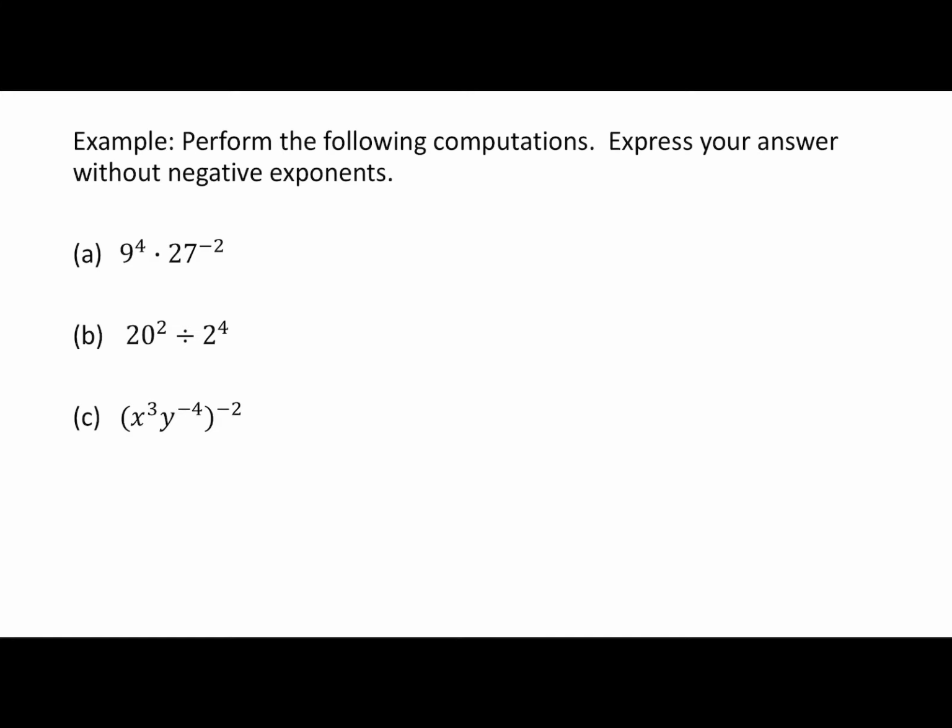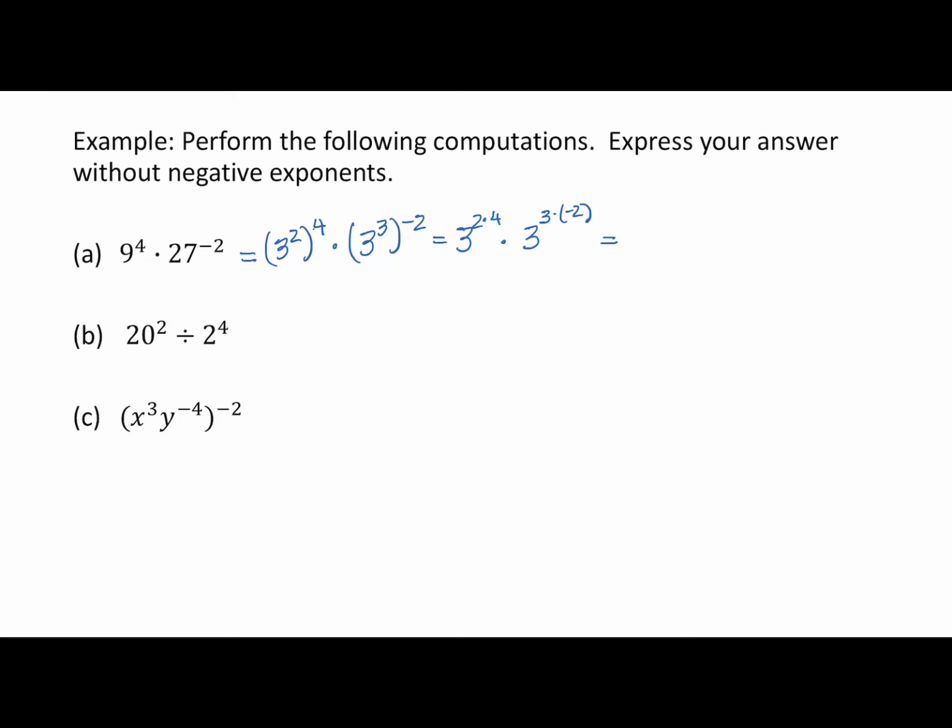Okay, so I want to start with 9 to the 4th times 27 to the negative 2nd. I'm going to write 9 and 27 with their prime factorization. So 9 is 3 squared, so I have (3 squared) to the 4th times 27 is 3 cubed, to the negative 2. So I have 3 to the 2 times 4 times 3 to the 3 times negative 2.